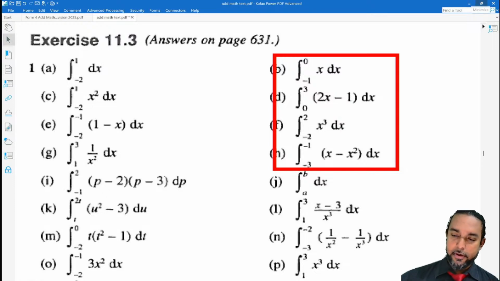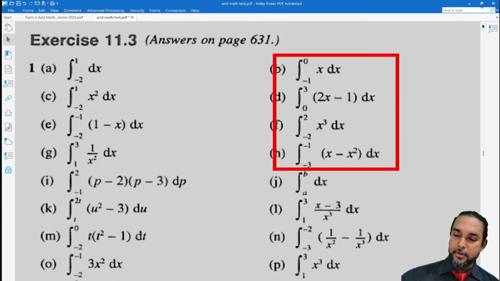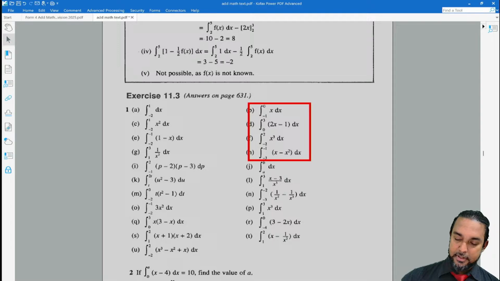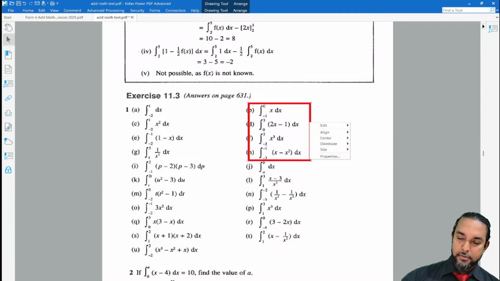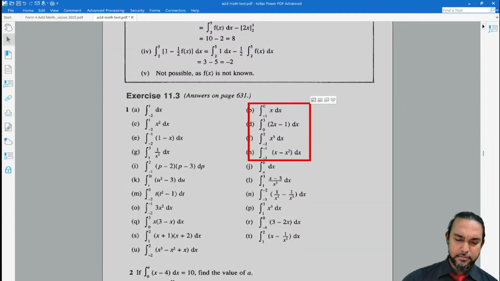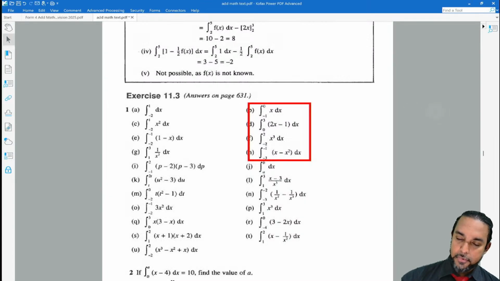Integral of x. Okay, hold on. You know what I want to do? Let's come back out. Wait, I'm at 800%. That's quite big. Okay. Can I delete that? Okay, small thing.